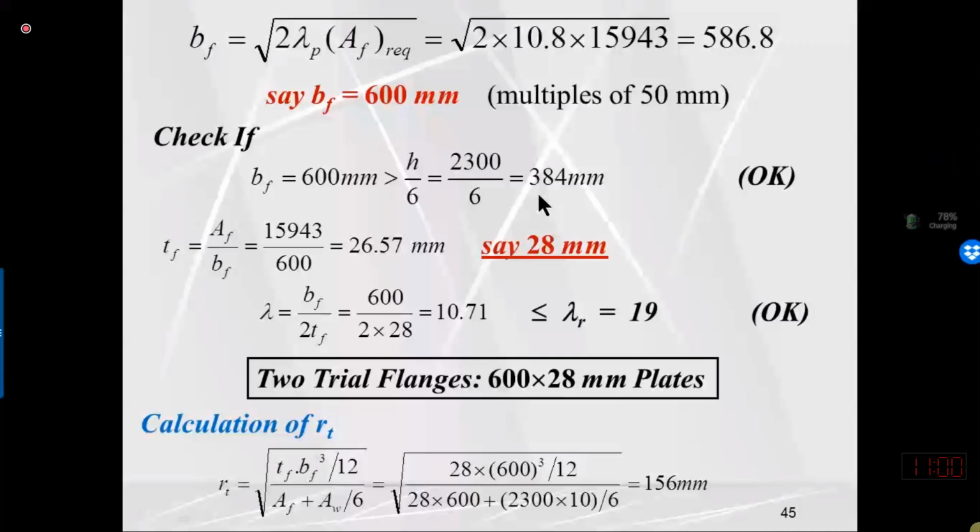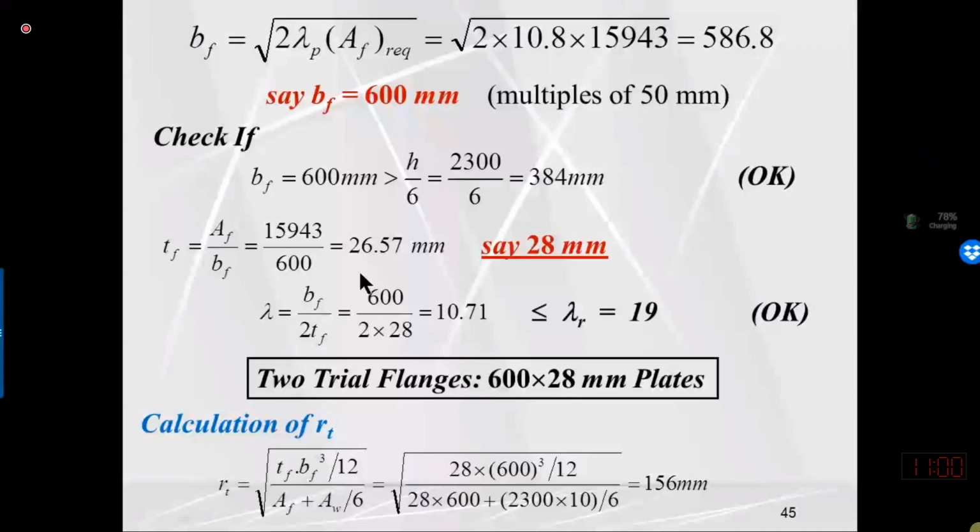So available size on the upper side is 28 millimeter. So after using 28, we need to determine the lambda value, which is BF over 2TF. BF is 600, 2 times of thickness of the flange, answer is 10.7, which is less than lambda P. It means that our flange is compact.